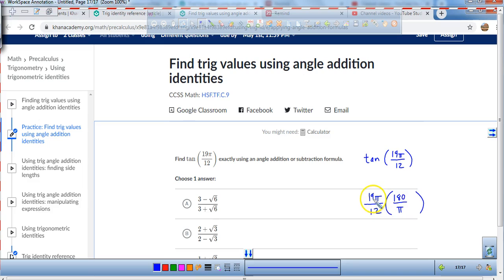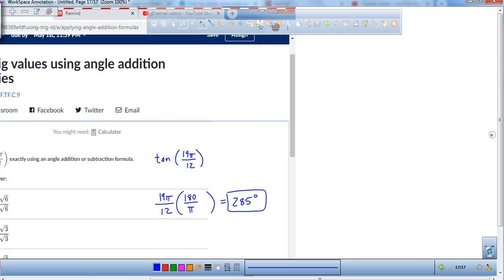When you multiply 19 pi over 12 by 180 over pi, you get 285 degrees. That allows me to use the formula a little bit easier because I can break down this number a lot easier than breaking down 19 pi over 12. So write down 285 degrees.